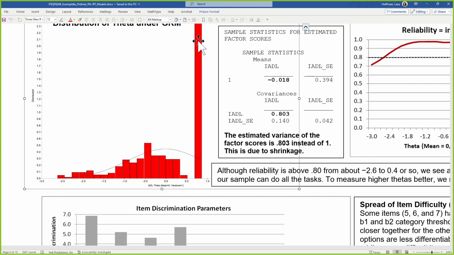And I will remind you that this is not true theta. What this is, is an EAP factor score, meaning it is the mean of the distribution of possible factor scores for each individual. Each person has their own distribution as to what their theta could be, where the mean of it is given here, but the standard error of it is a function of test information.